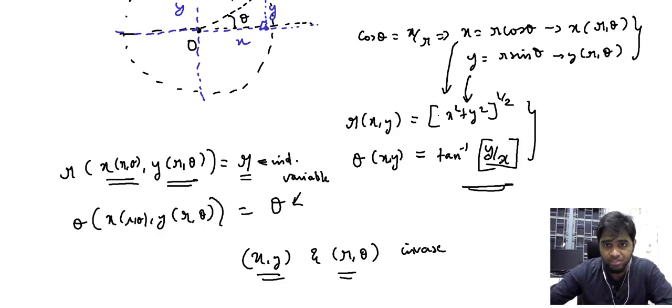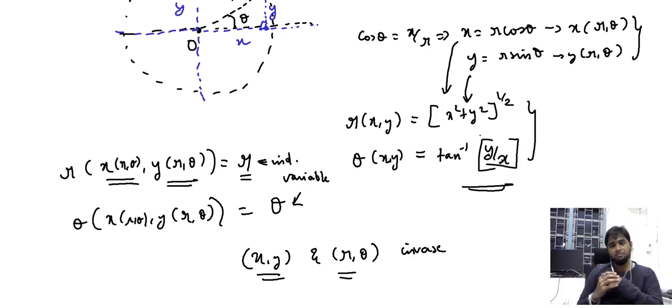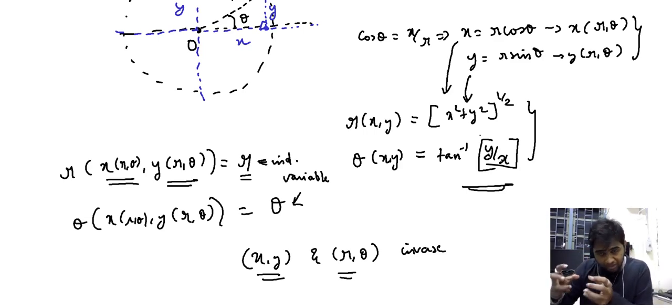So we have these four relations, and using the derivatives of these relations we will be able to show that these coordinate systems are inverse of one another. So that is where we will start our lecture.